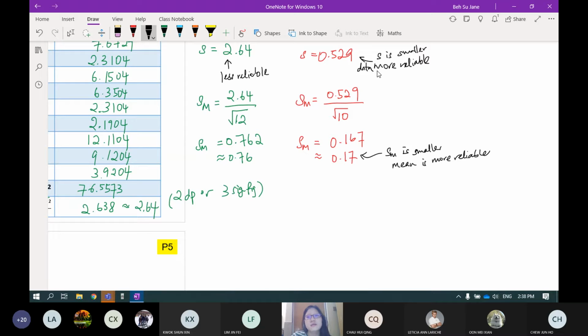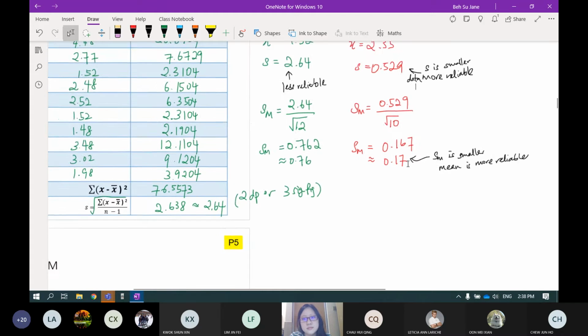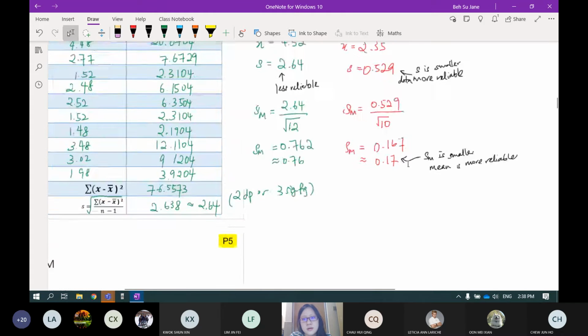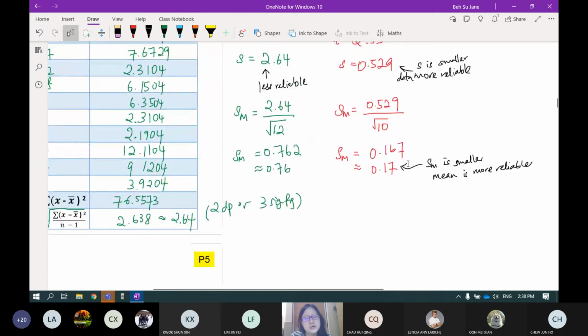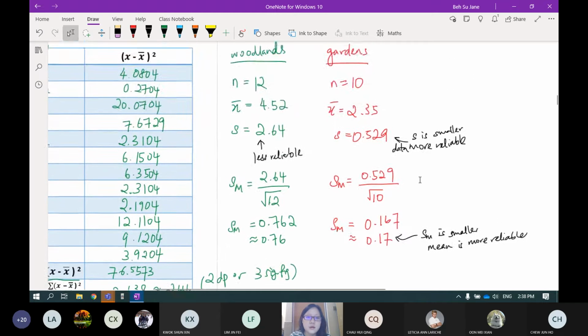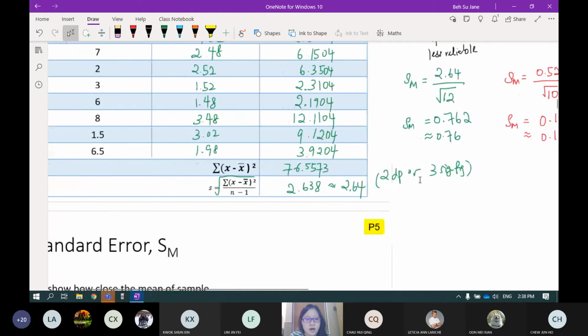Okay, but obviously if your data is reliable, then your mean is more reliable as well, in general. So that's standard error.